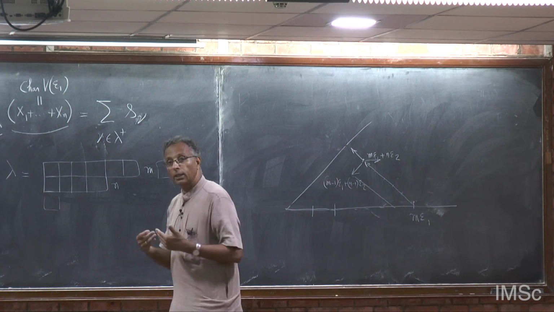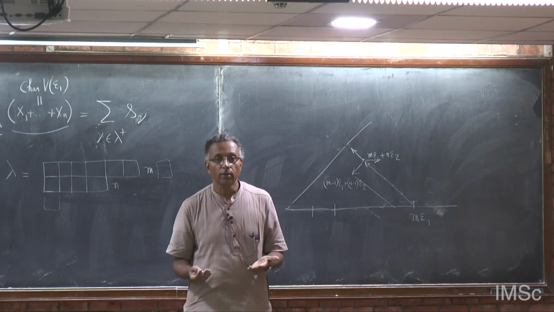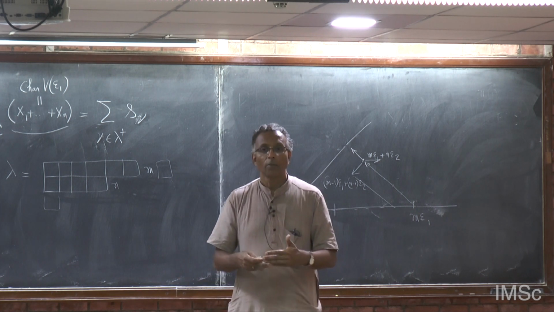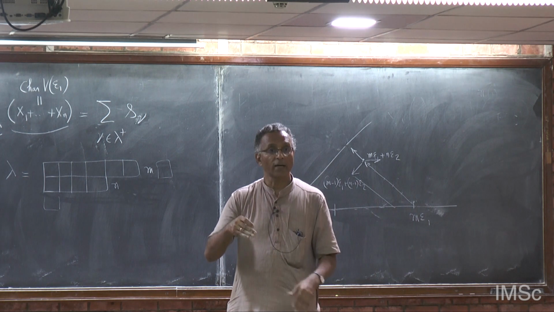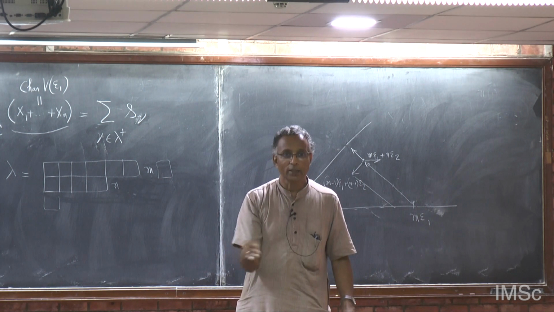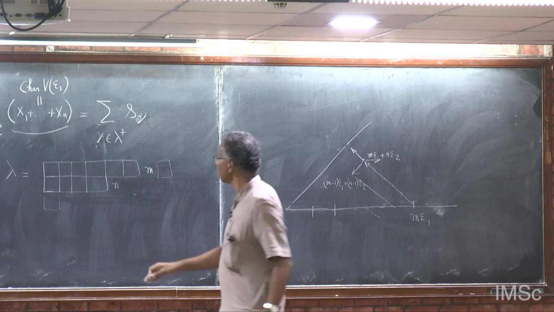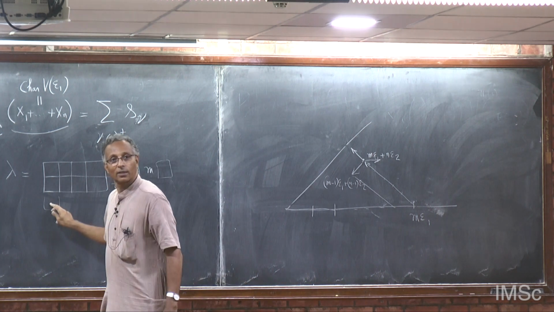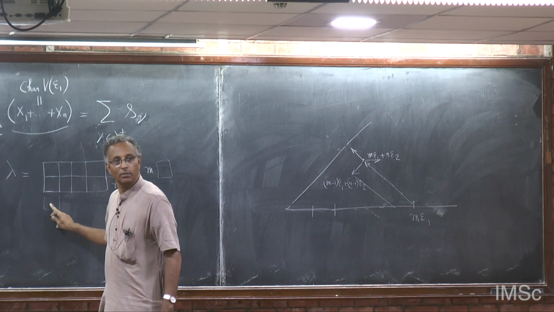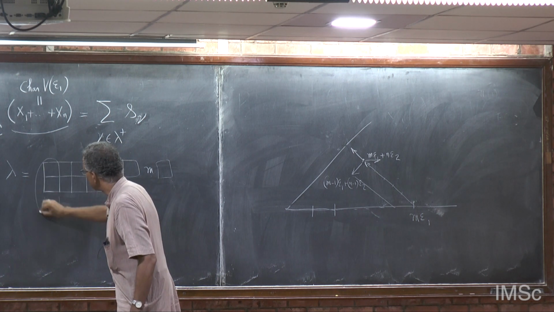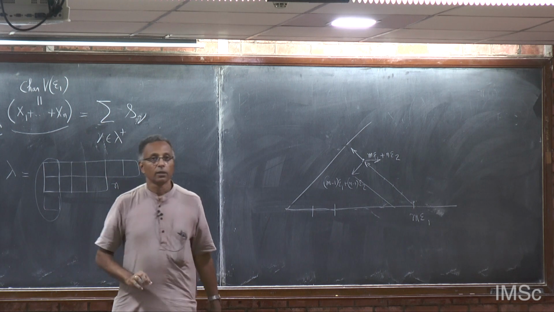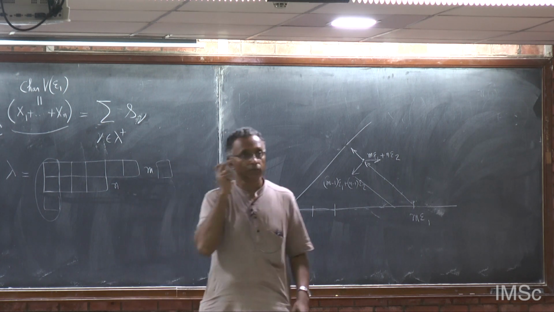But the partitions corresponding to SL3 representations must have at most 2 parts, right? But here I am getting a third part. So you ignore this. That's like a trivial representation.